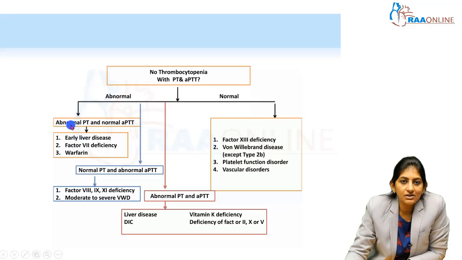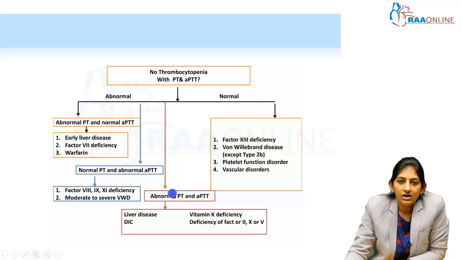So early liver disease, PT will be abnormal. Factor 7 deficiency and warfarin administration will cause PT and INR abnormality alone. If PT is normal but APTT is abnormal, then definitely think of coagulation factor abnormalities, hemophilias and von Willebrand disease. So abnormal APTT is hemophilia and von Willebrand disease.